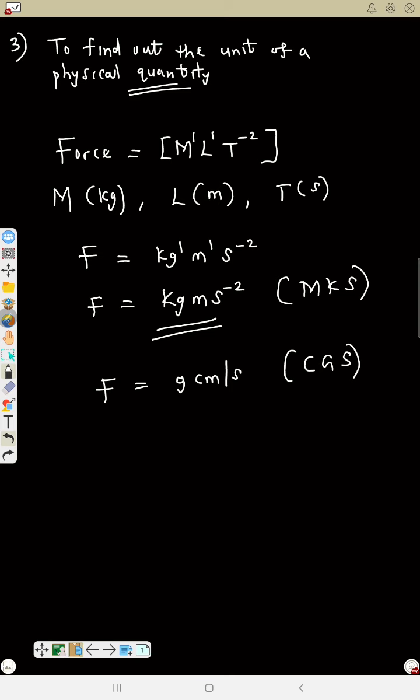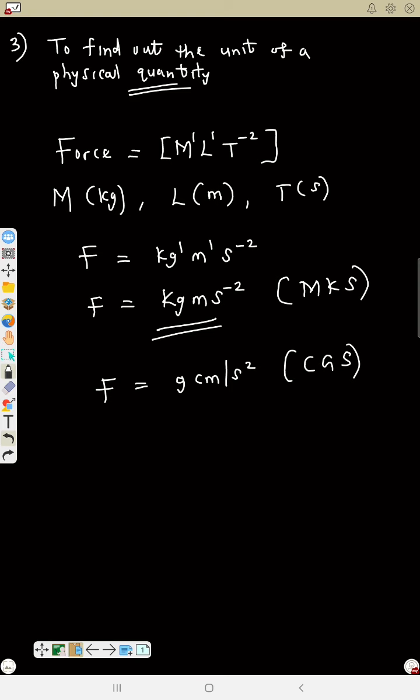It depends on your answer. So that is how we can use dimension to find out the units of a physical quantity.